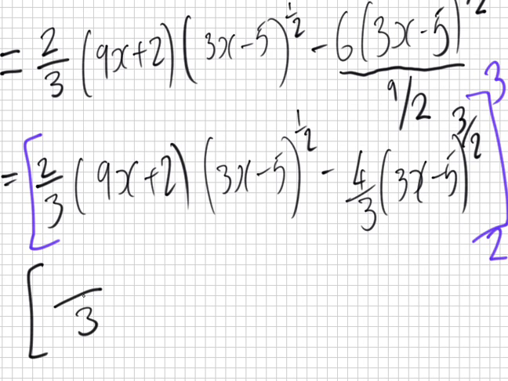So 29 times 4 is 108, is it? So this becomes 116. Are you sure? Good. And then here I put in 3. So 3 times 3 is 9. 9 minus 5 is 4. 4 to the power of a half is 2. 8 times 4, 32 over 3.